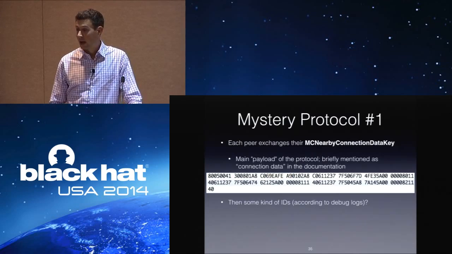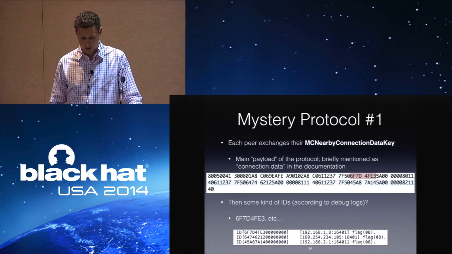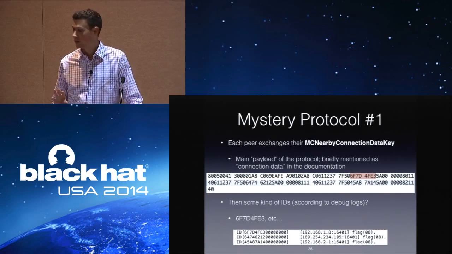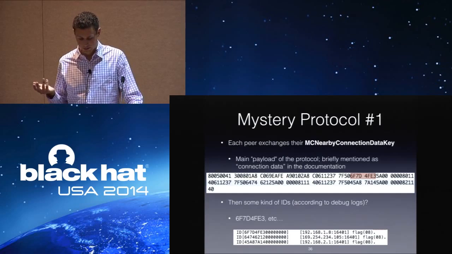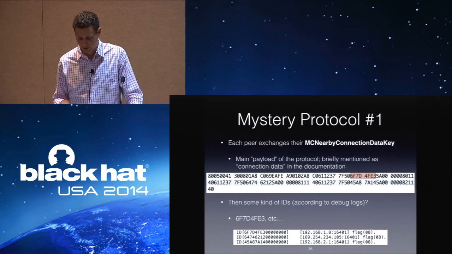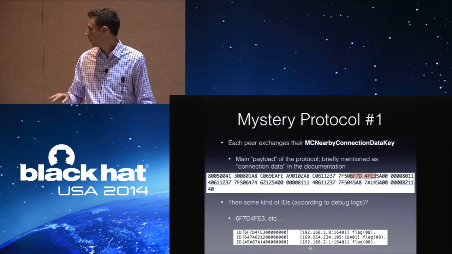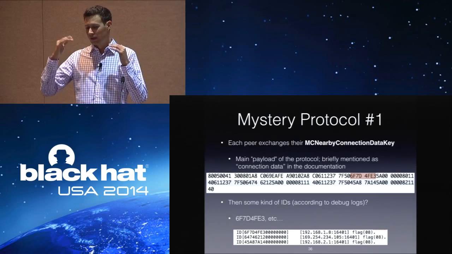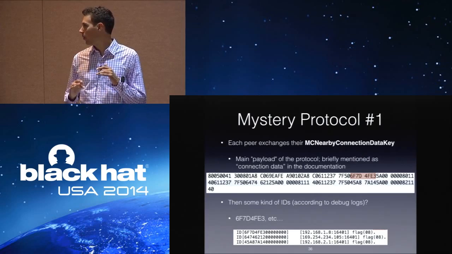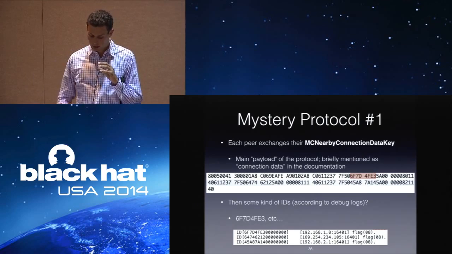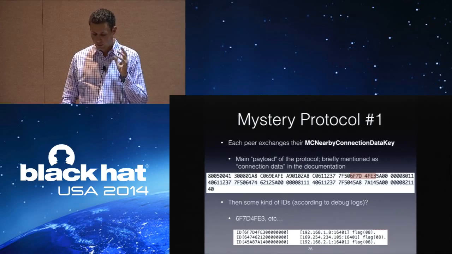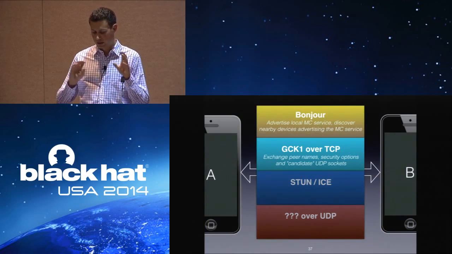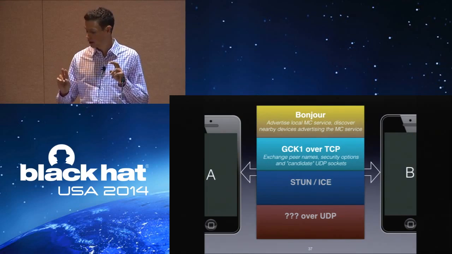And then some kind of IDs, and I actually have no idea what they are, but if you look at the debug logs, they're called IDs. So, to be investigated, and then also port numbers. Basically, that connection data key is the peer's list of local IP addresses and UDP ports, and it's being sent to the other guy. The reason it's doing this is that it's exchanging candidate UDP sockets.